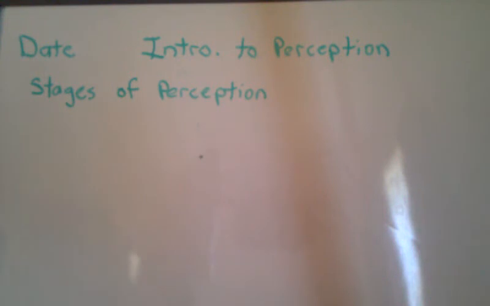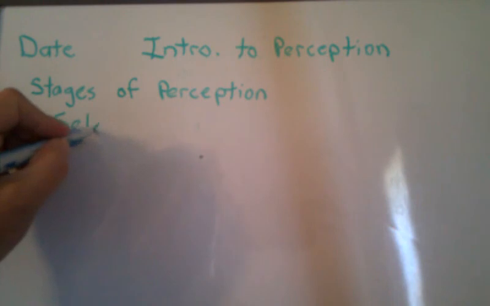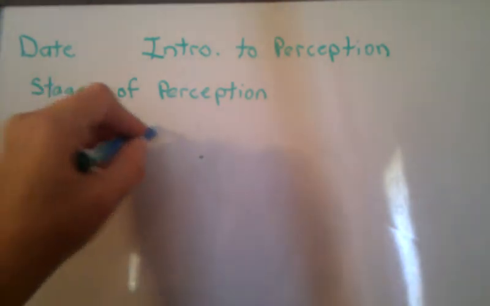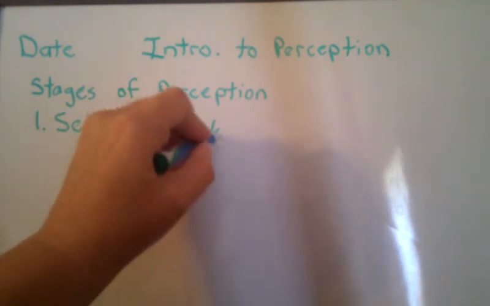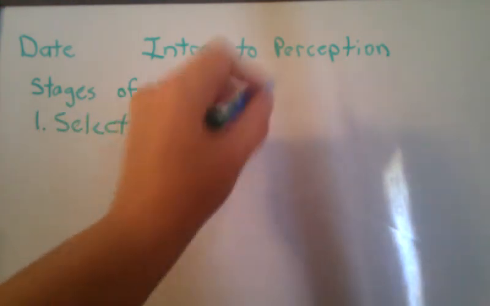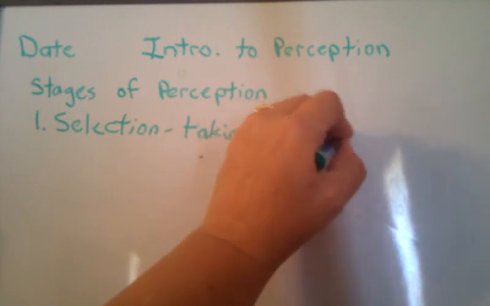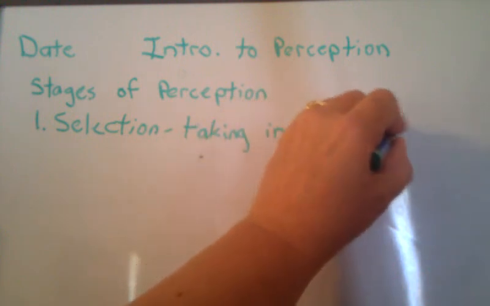Okay, so selection is taking in our surroundings. So the first step is selection: taking in our surroundings.